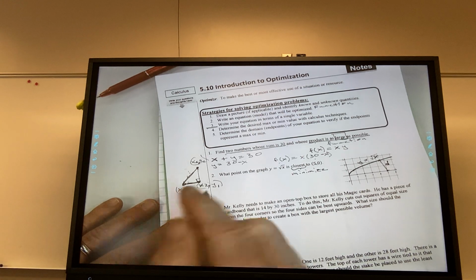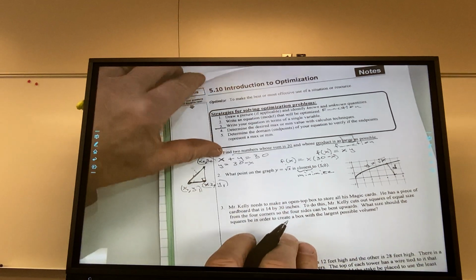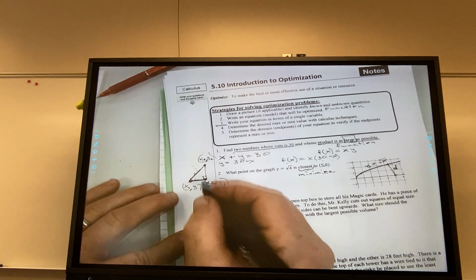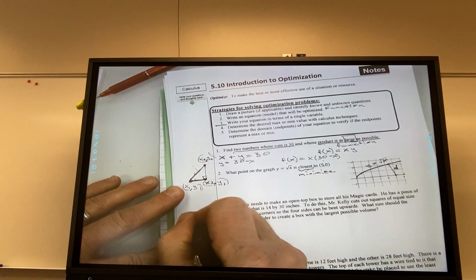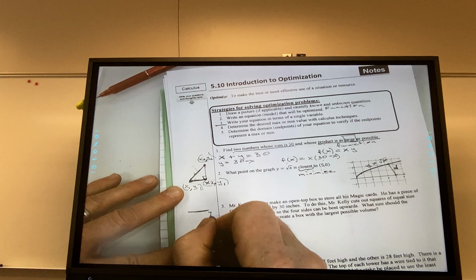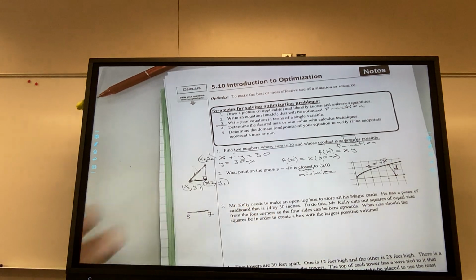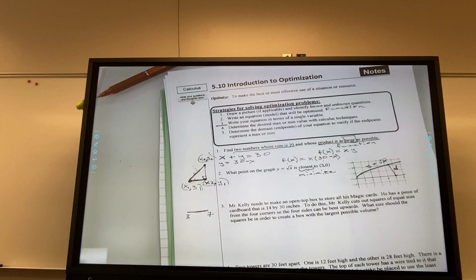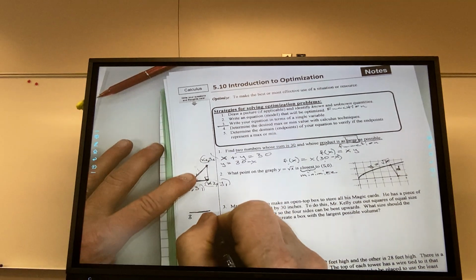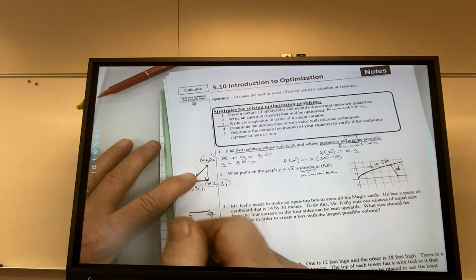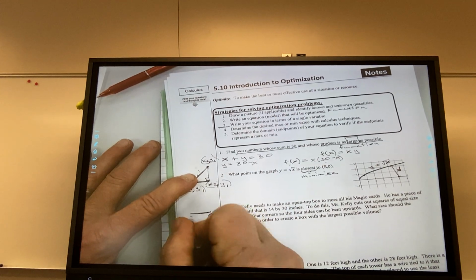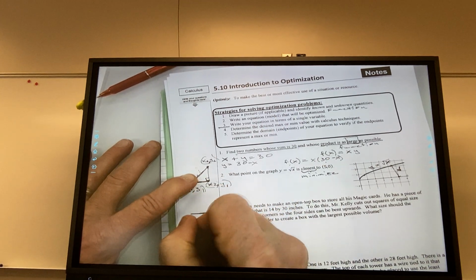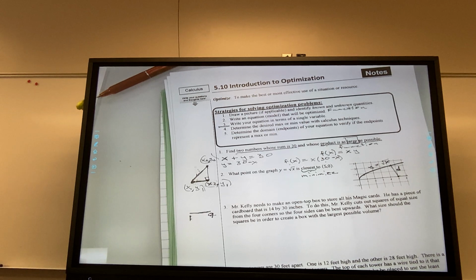If I'm right here, and let's say this is 7 and this is 3, what would that distance be? 4. Would everybody agree? What if this was 9 and this was 1? What would that distance be? 8. Would you agree?